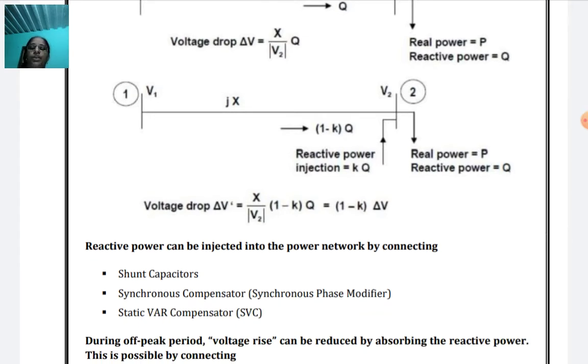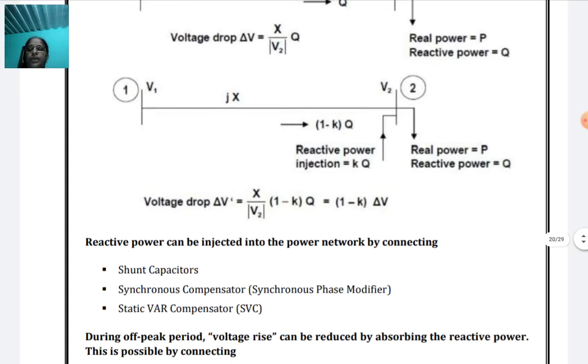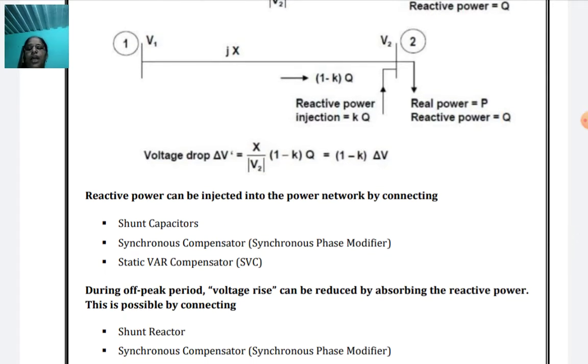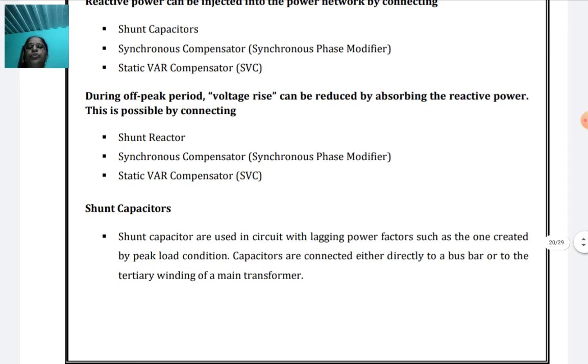Reactive power can be injected into the power system network by connecting shunt capacitors, synchronous compensators or synchronous phase modifiers, or a static volt ampere compensator, that is SVC. During off-peak periods, the voltage rise can be reduced by absorbing reactive power, which is possible by connecting shunt reactors, synchronous compensators or static VAR compensators.